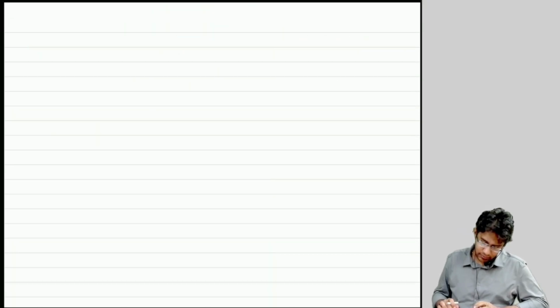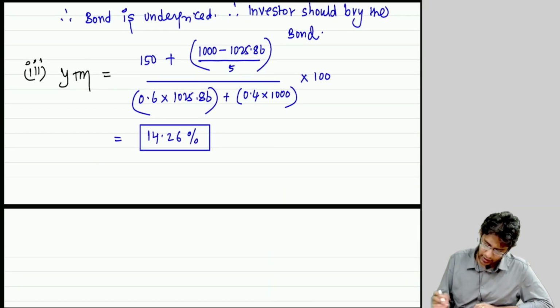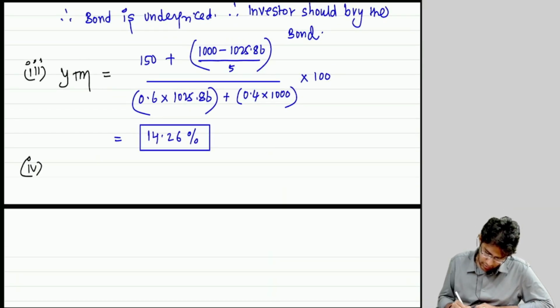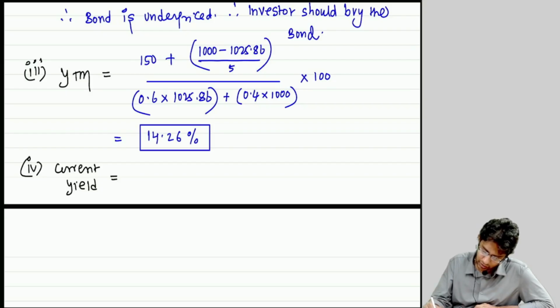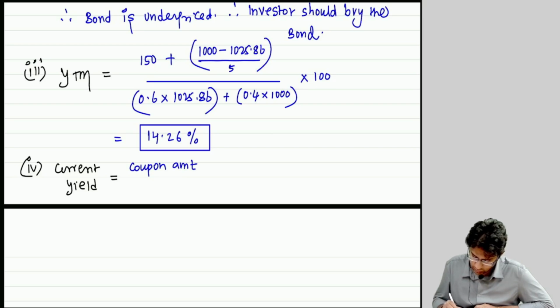Next, the poor fellow asked one more calculation. Guess how many marks the question can come for? 8. Current yield. What is the current yield formula you forgot? Not the coupon rate, but the coupon amount in the next 1 year divided by market price.